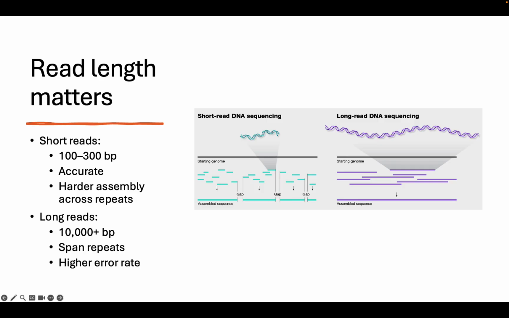But of course, you do run into these long repetitive regions, especially in eukaryotic genomes, where it's nearly impossible to assemble the full genome because you don't have any sequence that spans the whole region. So with long read sequencing, you often can sequence through an entire repetitive region, so it's much easier to generate a continuous chromosome, for example.